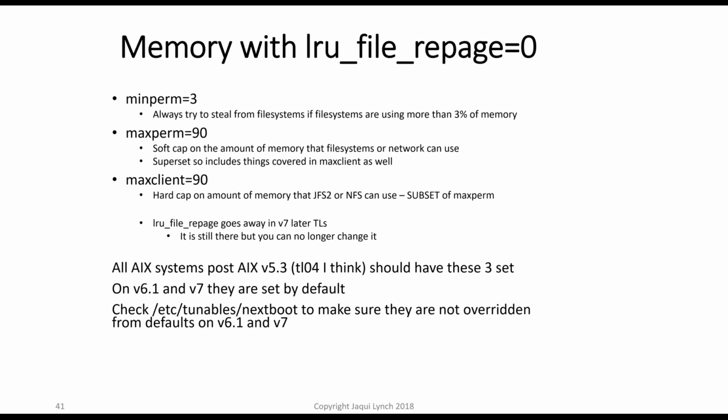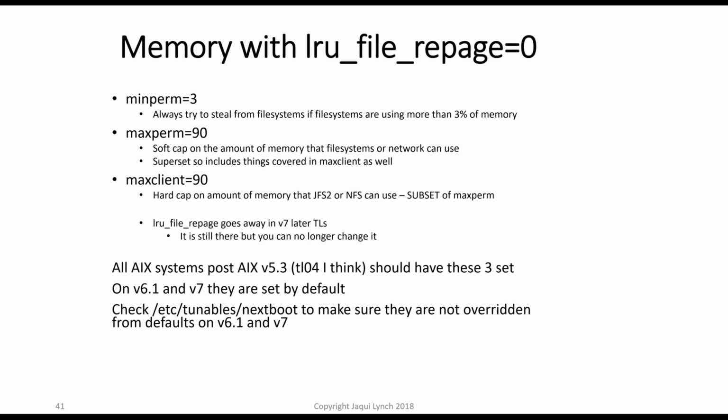Then around AIX 5 through TL4, might have been TL5, they brought out this LRU file repage equals 0. What that did was it changed the rules, and basically the rule became simplified. It was if file systems are using less than min-perm, we'll continue to steal from executables. That's why you'll sometimes see that bumped to 5 or something higher to protect things like your SGA.